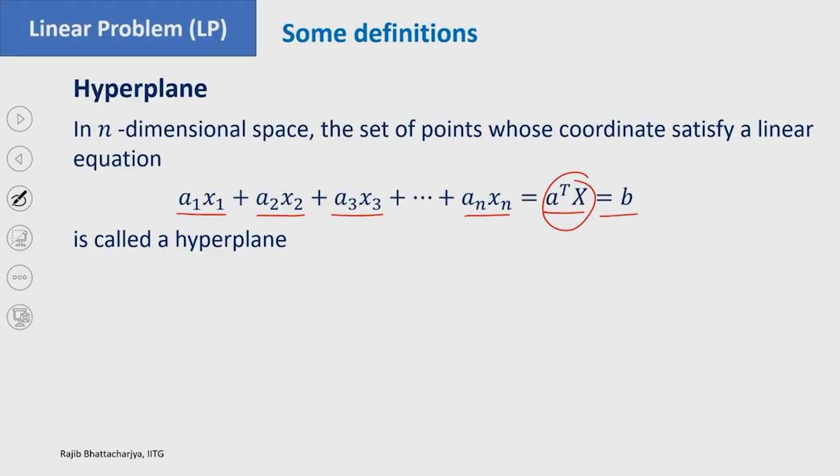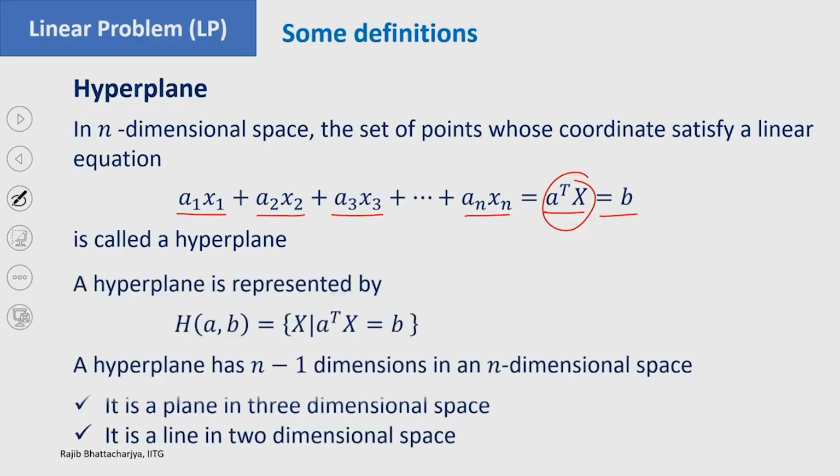If these points satisfy this particular equation, then we will call it a hyperplane. A hyperplane is represented by H A B, which is a transpose x equal to b.